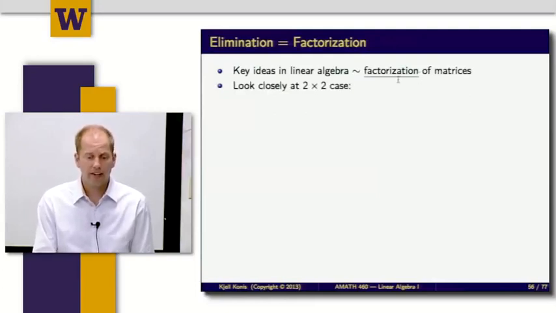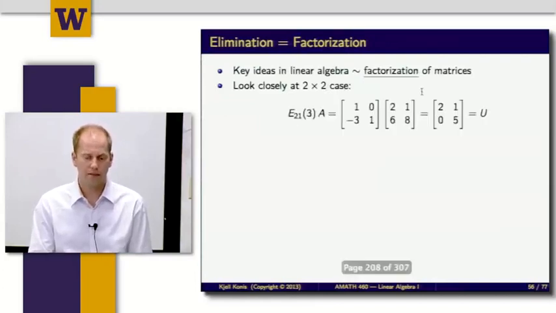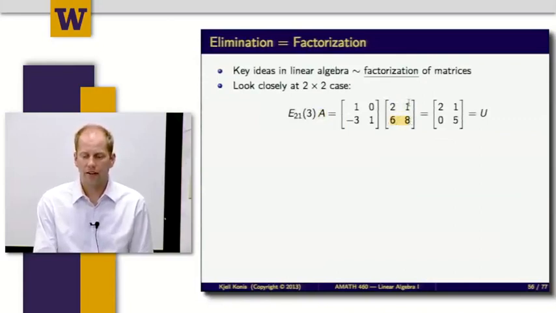So let's look at elimination closely in the 2 by 2 case. I started out with a matrix A. So this 2, 1, 6, 8 is my matrix A. And I want to turn this into an upper triangular matrix, so I want to introduce a 0 here.